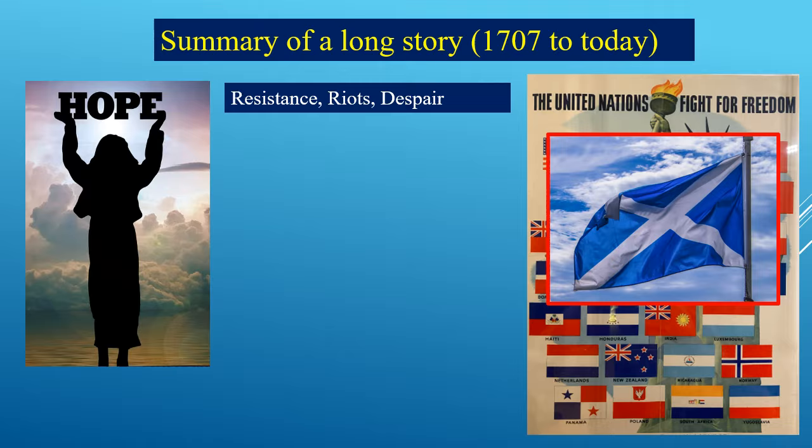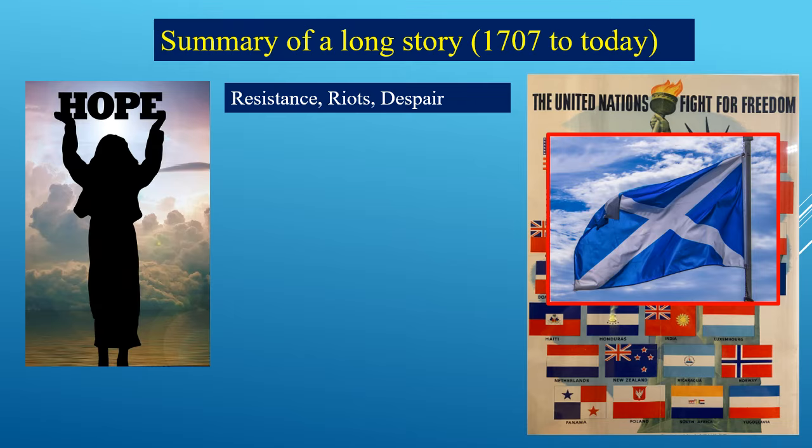So here we are. This is the path to decolonisation. Depression, low morale to start with, after the 1707, when Scotland became a colony in 1708. There were riots that happened 2 or 3 years in the different cities.